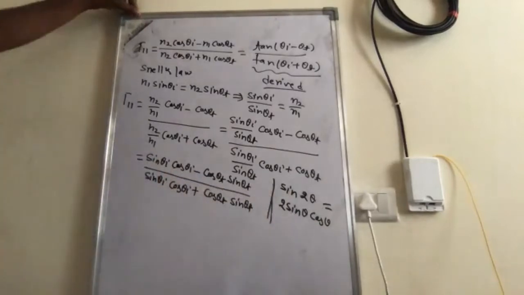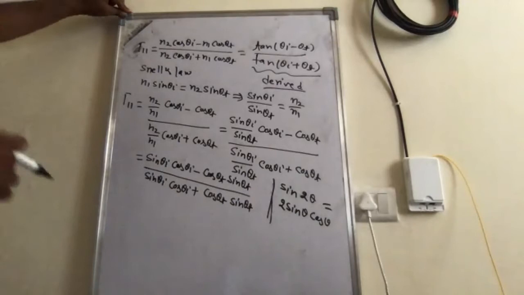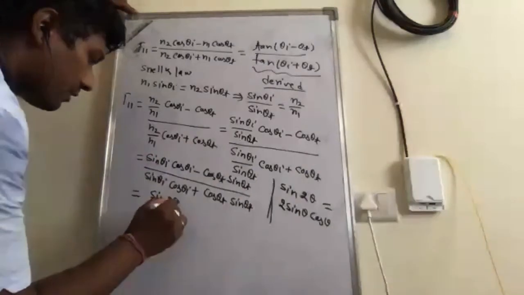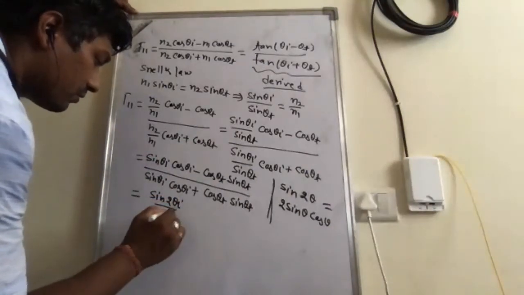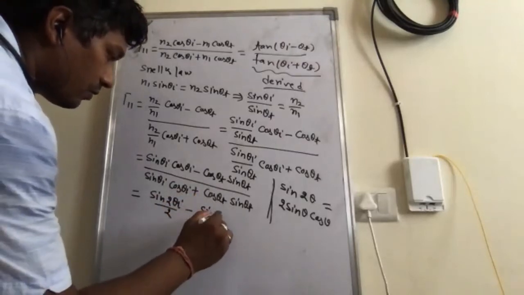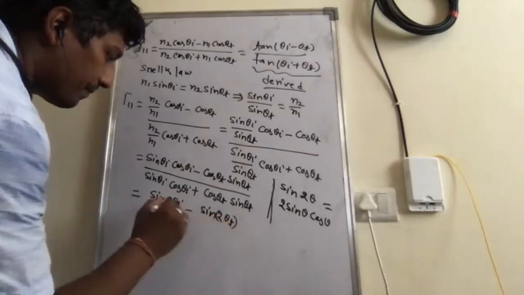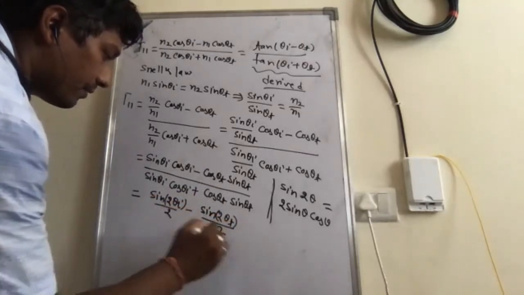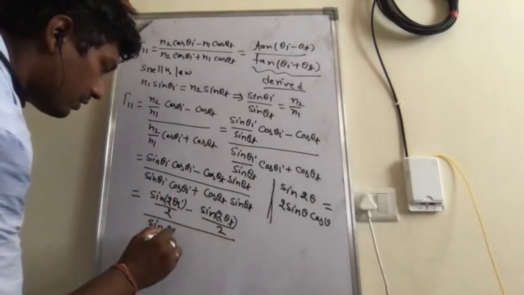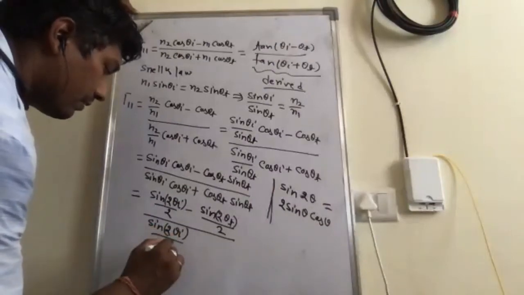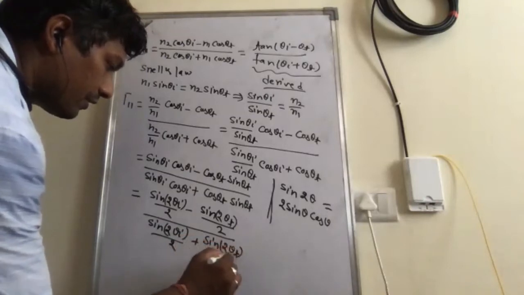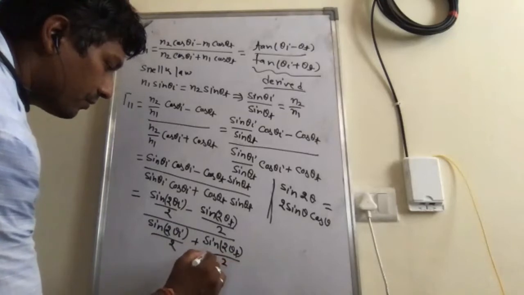So from there we can write this is equal to sin 2 theta I divided by 2 minus sin 2 theta t divided by 2, divided by sin 2 theta I divided by 2 plus sin 2 theta t divided by 2.